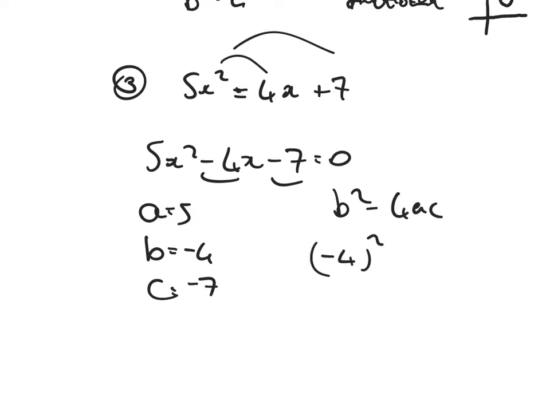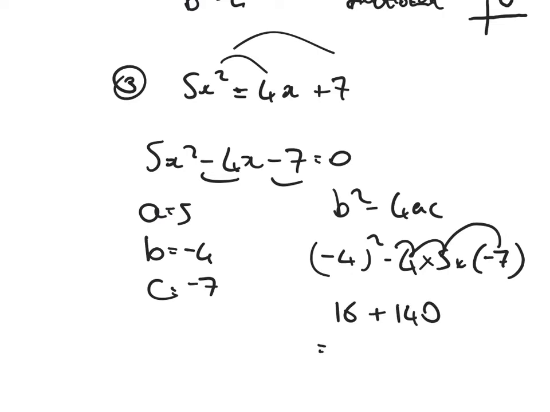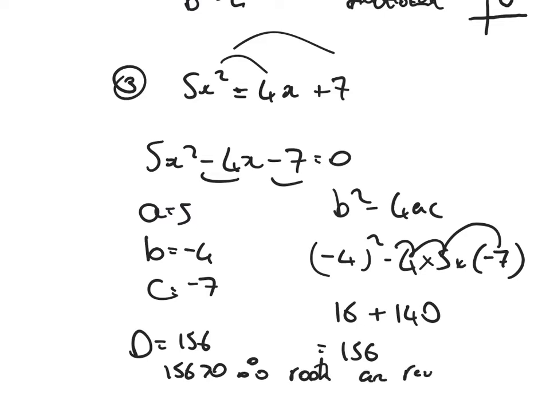So minus 4 squared minus 4 times 5 times minus 7. Minus 4 squared is 16. We'll then get minus 4 times 5 is minus 20. Minus 20 times minus 7 is going to be plus 140. So that's 156. So d equals 156. 156 is greater than 0. Therefore, roots are real and distinct.